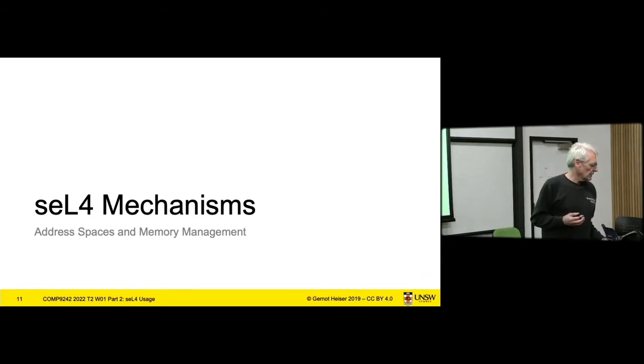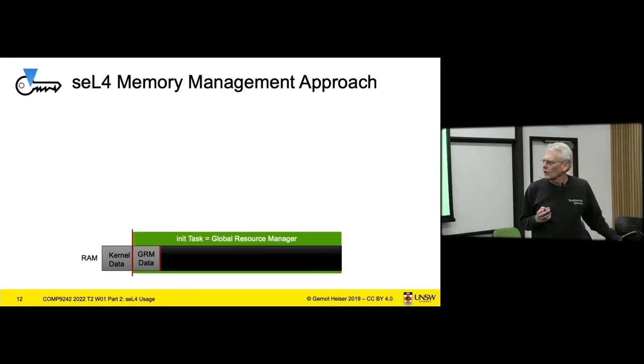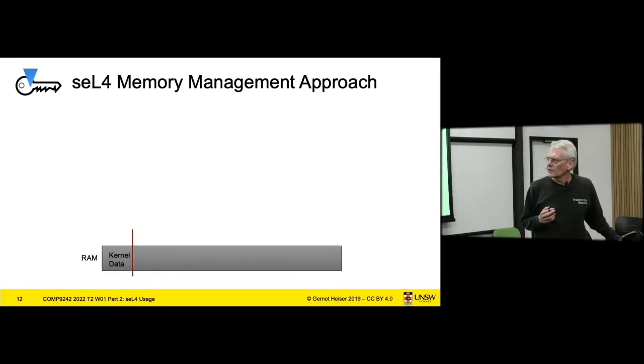Okay, so how does the memory management work? As I said, when seL4 boots up, it just grabs as much memory as it needs to instantiate itself, and then it never does memory management again. What it does instead, it hands all the rights to all the free memory to the first user level process as untypeds.